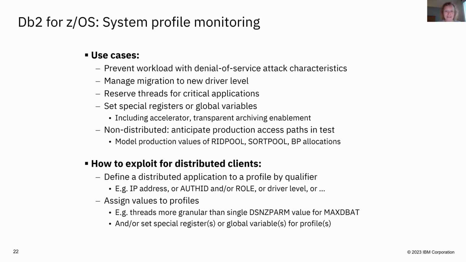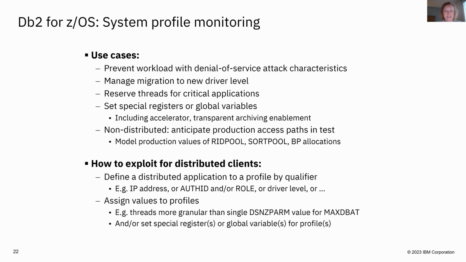It's typically not a nice experience. So this is a very effective tool to give the applications the resources they are allowed to have without taking over the entire system.